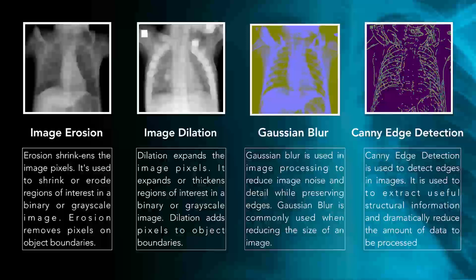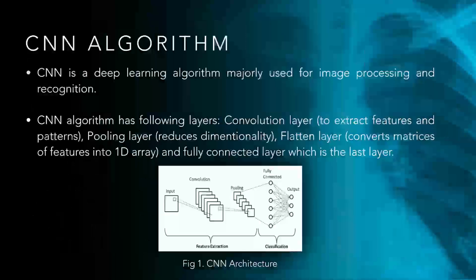Gaussian blur. Gaussian blur is used in image processing to reduce the image noise. Canny edge detection. Canny edge detection is used to detect edges in the images. It is used to extract useful structure information and dramatically reduce the amount of data to be processed.